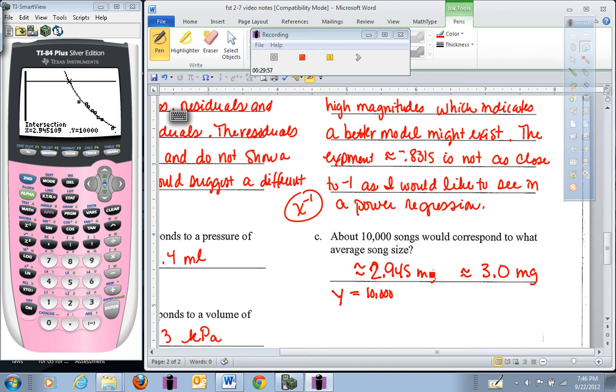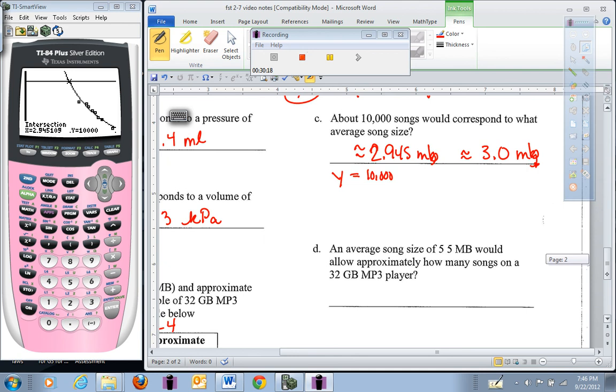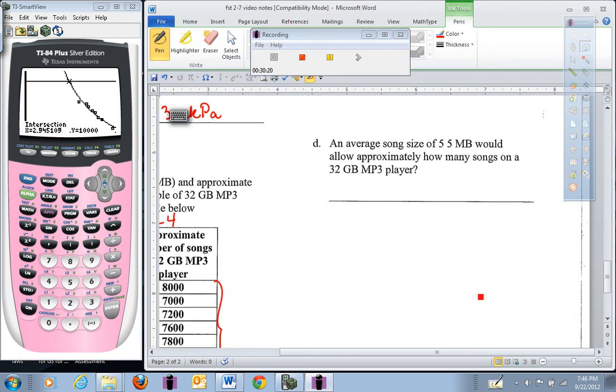Megabytes, MB. So we had to fix both the X and the Y to accommodate that particular window. The average song size is 5.5 megabytes. That would allow approximately how many songs on a 32 gig player? Our last question is asking us about an X value.